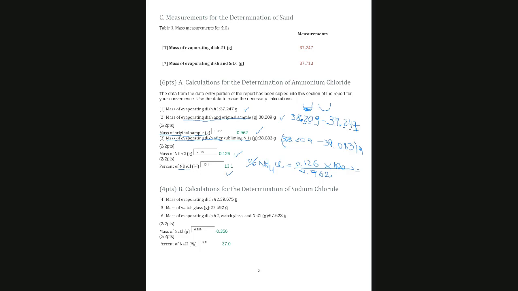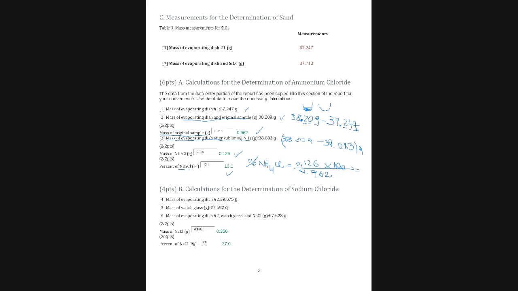Now, why did I include only 3 significant figures? Because if you put more or less, you are penalized. Try to get an A. When I'm multiplying or dividing, I don't look at how many digits after the decimal point.